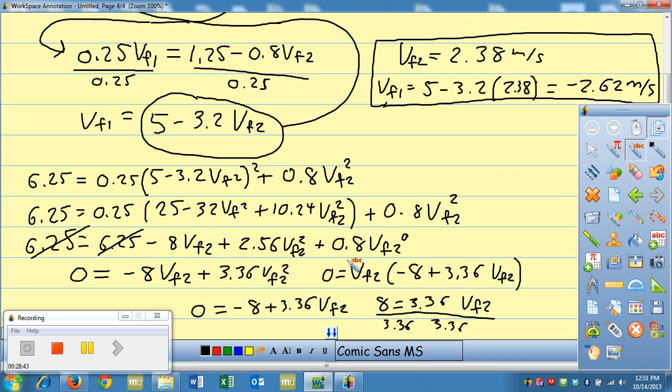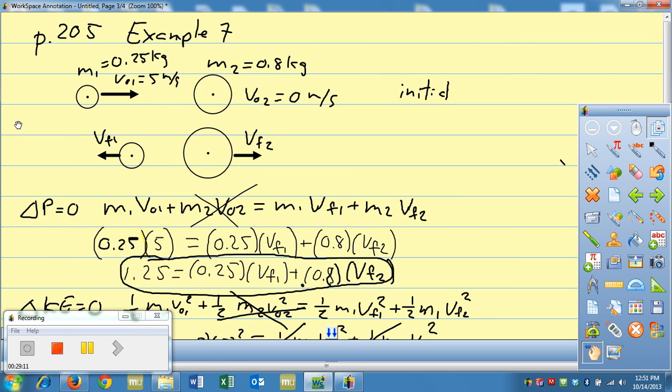It's interesting that there are those two solutions. I have to think about that more to think about why that really works. What would happen, for instance, if we decided it was 0? Let's see. If VF2 really were 0, then VF1 would be 5. So that's interesting. It just doesn't seem likely, right? If we look back here, if this was 0, this thing went right on past at 5.